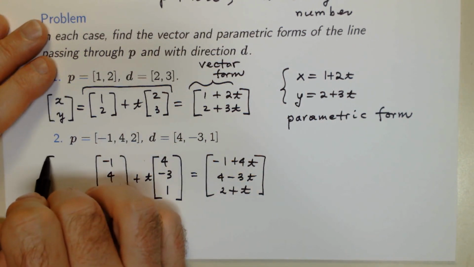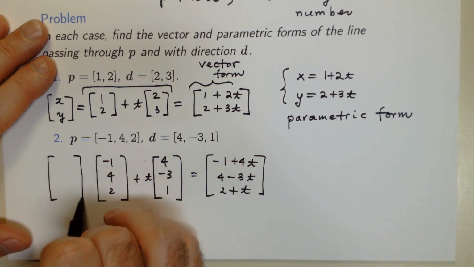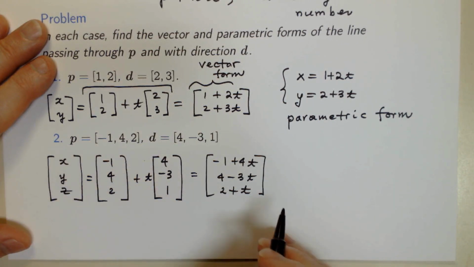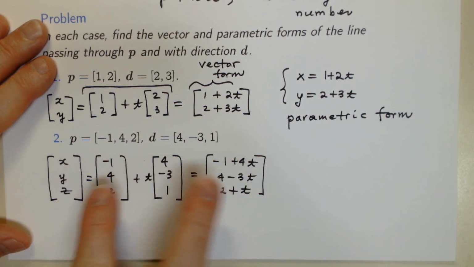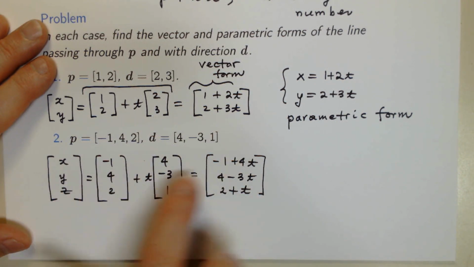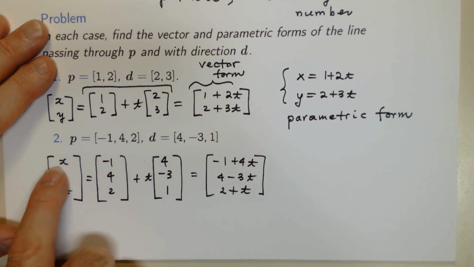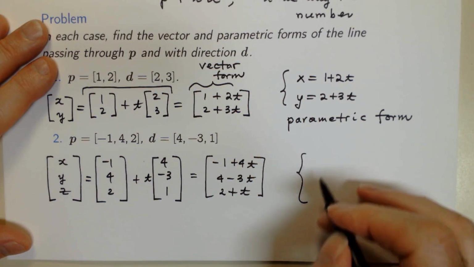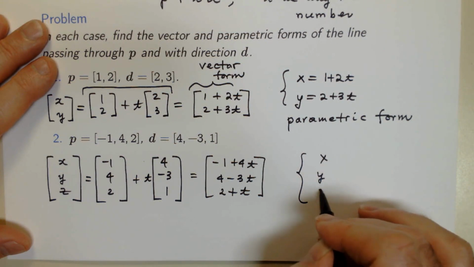And again, we can think of the point on the line that this is generating as having coordinates x, y, and z. And so we would think of this as our vector form, but we can look at it component by component and write out the corresponding parametric form. So our parametric form would be 3 equations, one for x, one for y, and one for z.